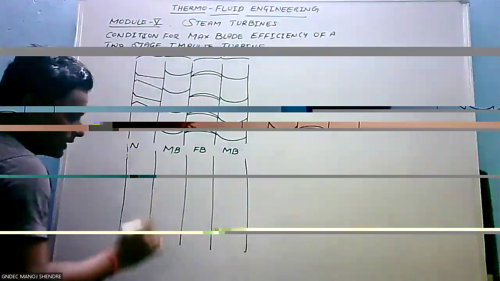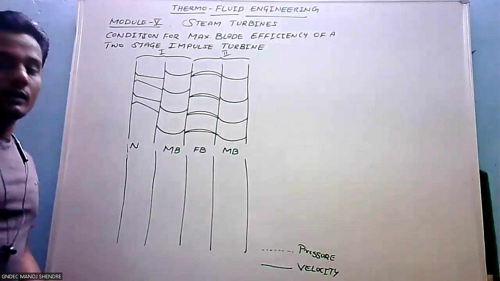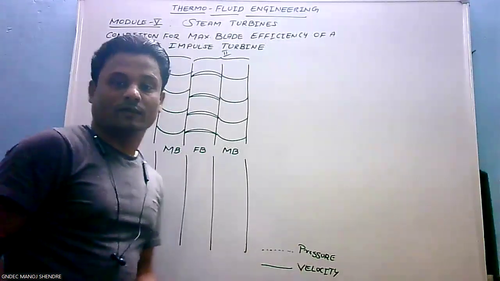Now let me use the dotted line for representing the pressure, and the continuous straight line to represent the variation in velocity.